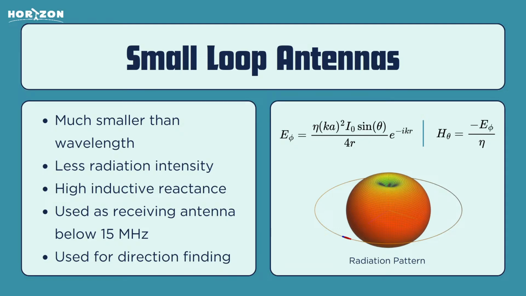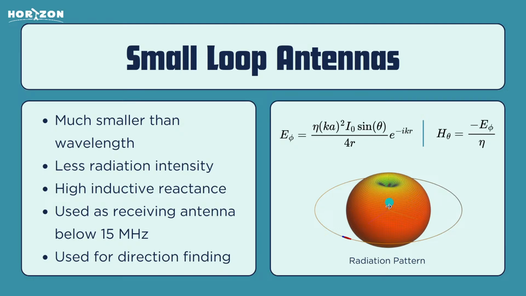Another interesting thing about small loop antennas is the radiation pattern, which you can see over here, and also from the equations of the fields. The radiation intensity is weakest at theta equal to 0 and theta equal to pi.